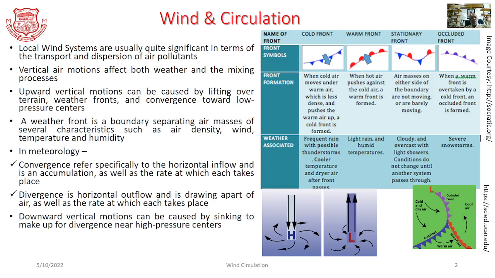The upward vertical motion could be caused by lifting the air current over the terrain, weather fronts, and convergence towards low pressure centers. As we move ahead, we'll be able to understand the lifting over the terrain and some concepts associated with local wind systems for the transport as well as the dispersion of the pollutants.